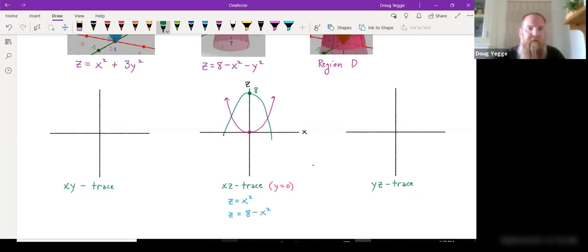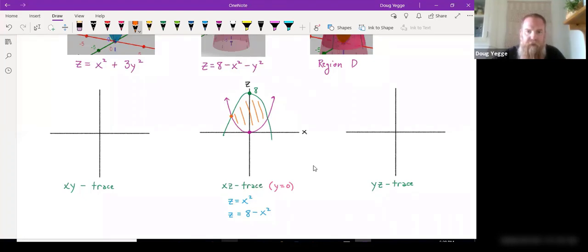And therefore, from the side, this is what we should notice if we were standing on the y-axis. This is going to help us to create the intervals for our triple integrals.